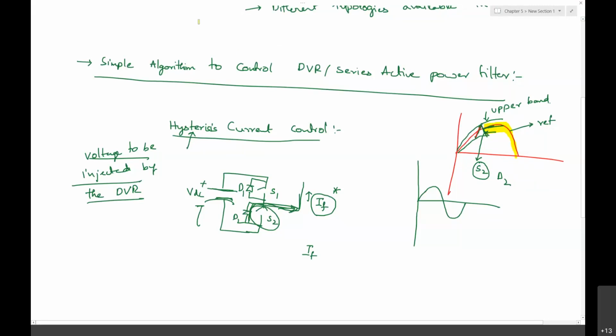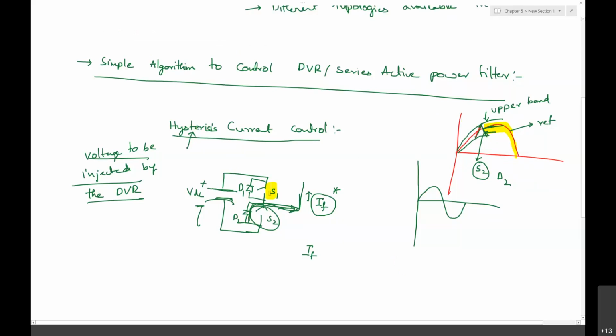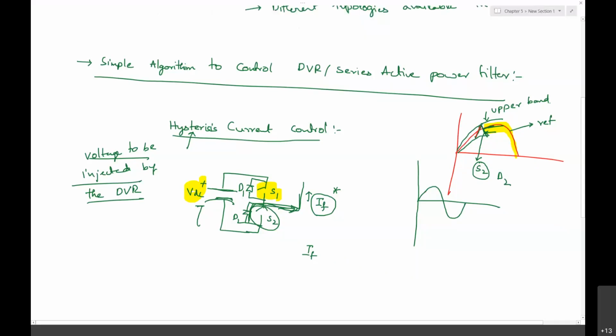Then we need to switch on this S1 switch. Then we are going to increase the current, by applying VDC, a positive voltage. Then S1 is turned on. This way, it is going to track over this way.